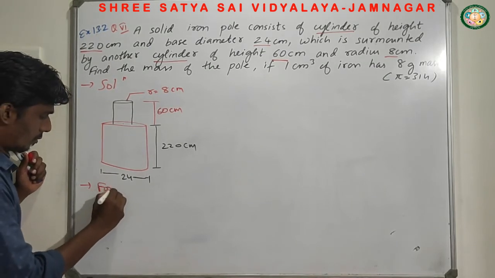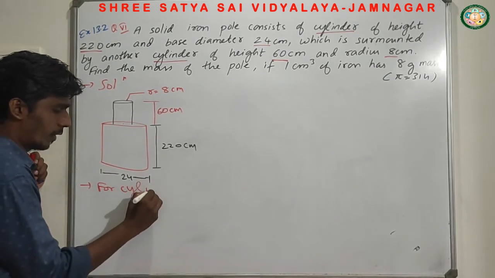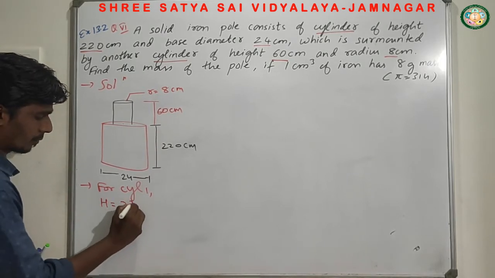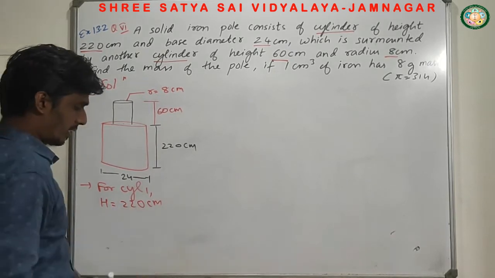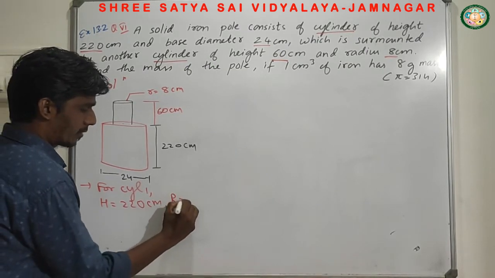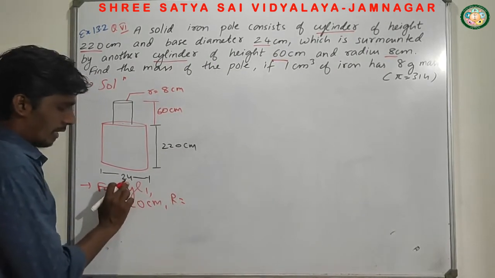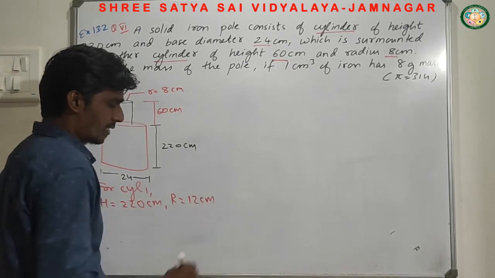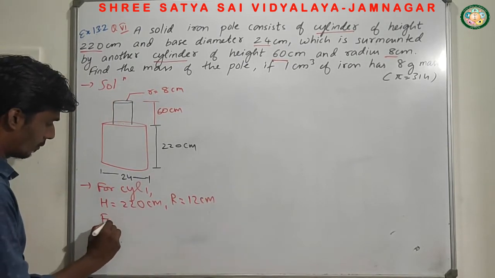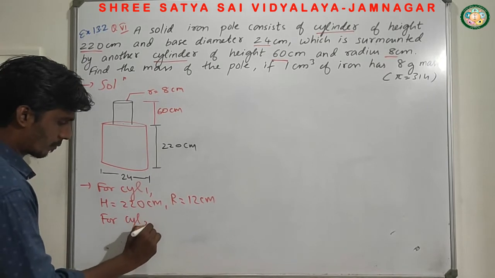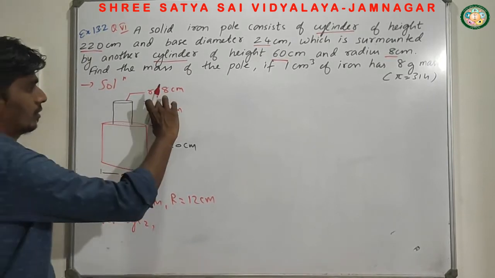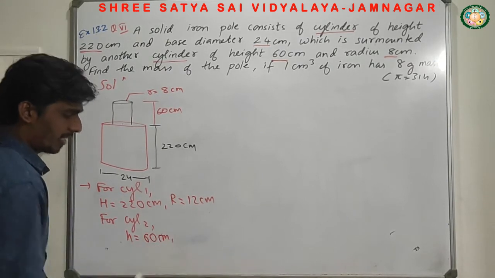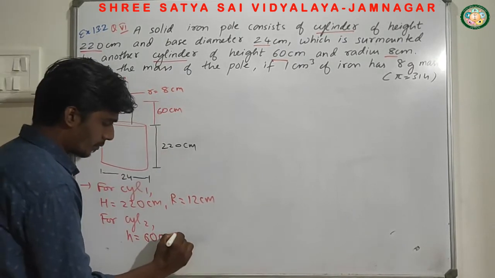For cylinder 1, I am going to write capital H as 220 centimeter and capital R. If diameter is 24, radius will be 12 centimeter. And for cylinder 2, the smaller height is 60 centimeter and its radius is small r.